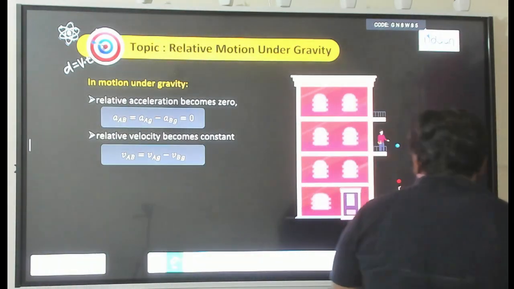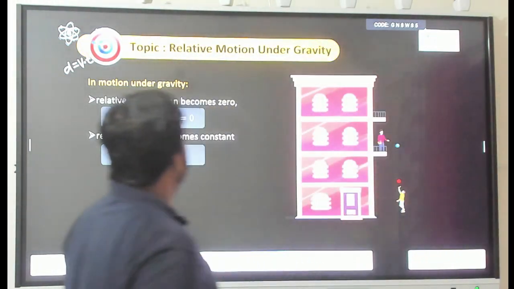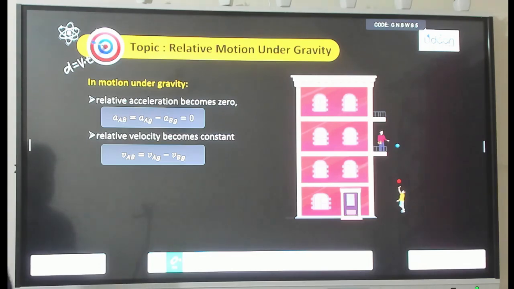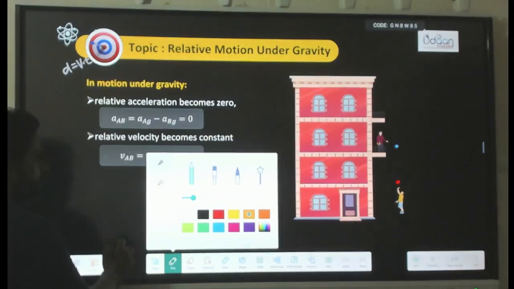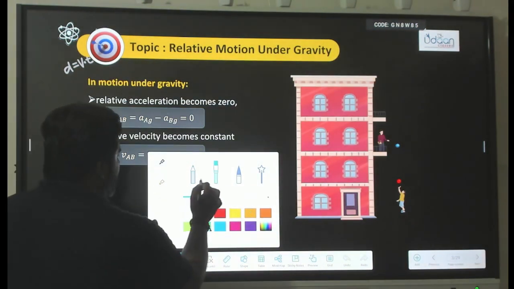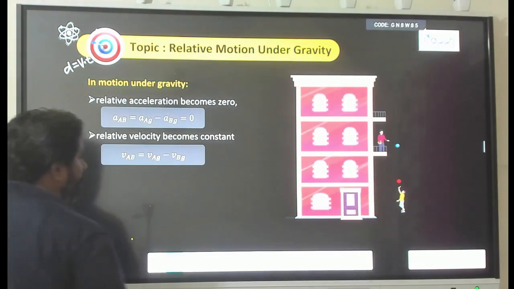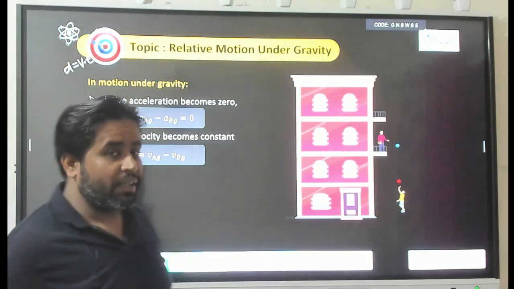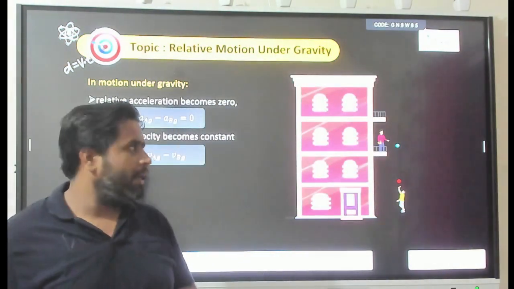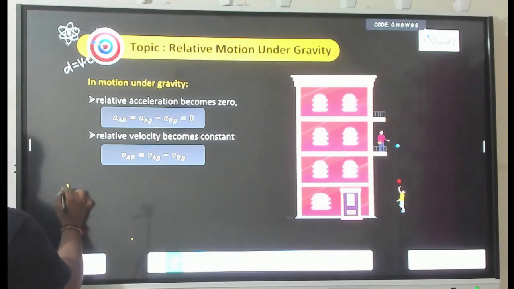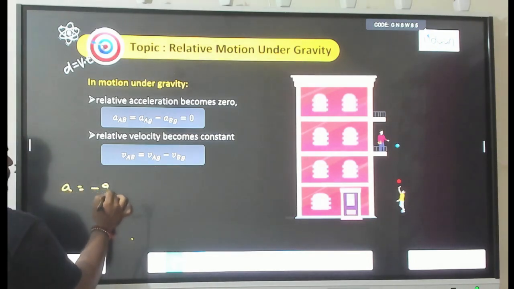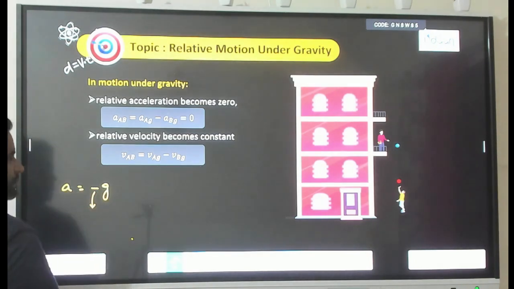So guys, here we are studying relative motion under gravity. What is motion under gravity? This is the acceleration offered by the earth's surface. This acceleration is nothing but minus g. Why minus?